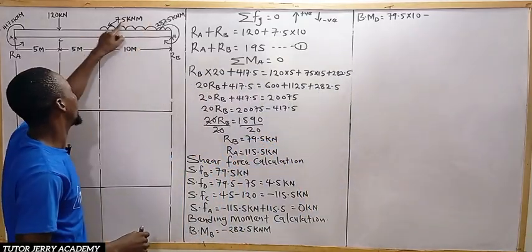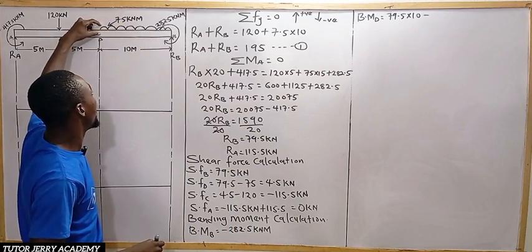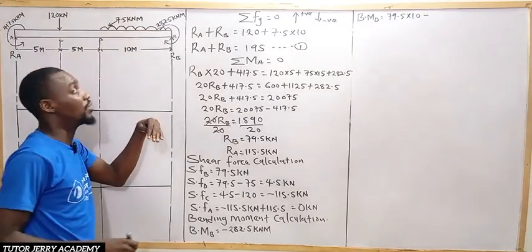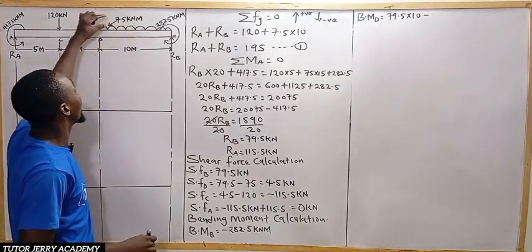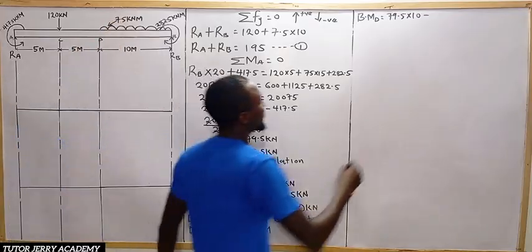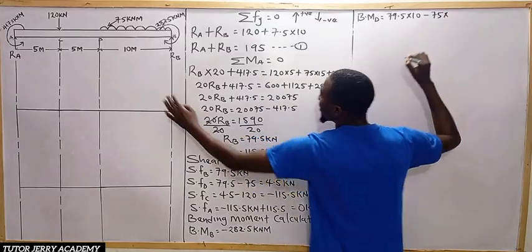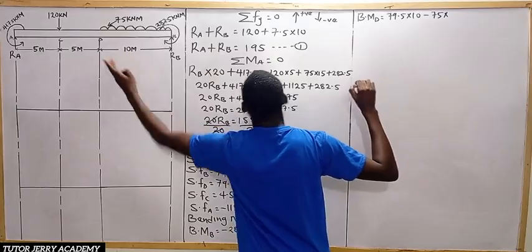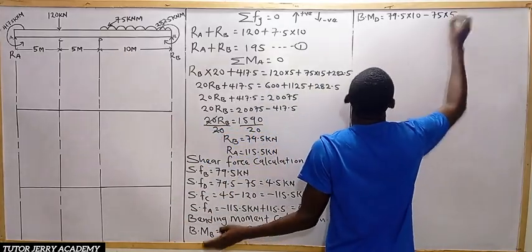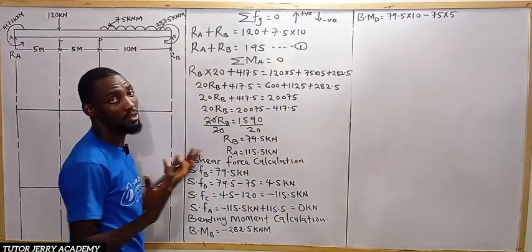Our downward force here is going to be the uniform distributed load converted to a point load, and when we convert that to a point load, 7.5 times 10, which is 75. So it's going to be 75 multiplied by what? The distance you cover, which is 10 what? 10 divided by 2, that is half of the distance, that is 5. All right, but don't forget again, we still have this moment here, and it is what?